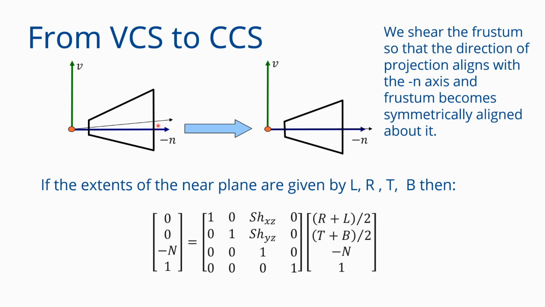We can perform a shear in one coordinate such that the shift is proportional to the other coordinate. Here you can see that you can perform a shear along the v-axis.